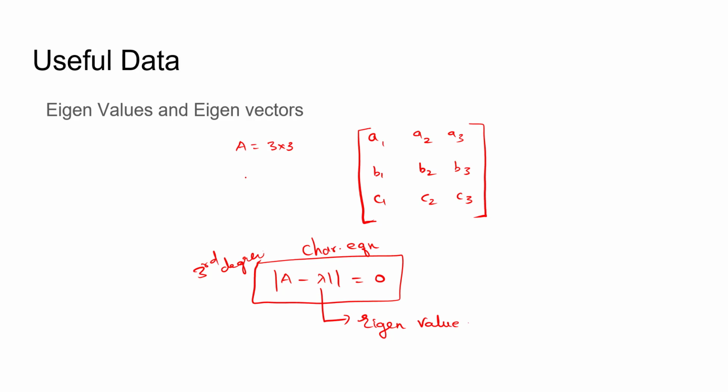Similarly, if A is a 2 cross 2 matrix, then this equation will be of second degree. So, if there are 3 degrees, then we will have 3 eigenvalues, and for each eigenvalue we will have at least one eigenvector. Therefore, for this we will have 3 eigenvectors. Eigenvectors are the set of vectors for which the equation satisfies. With this concept in mind, we can solve this problem.